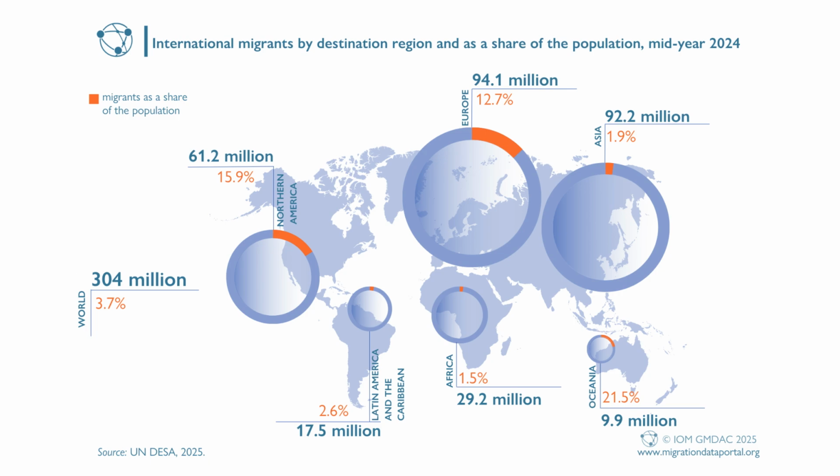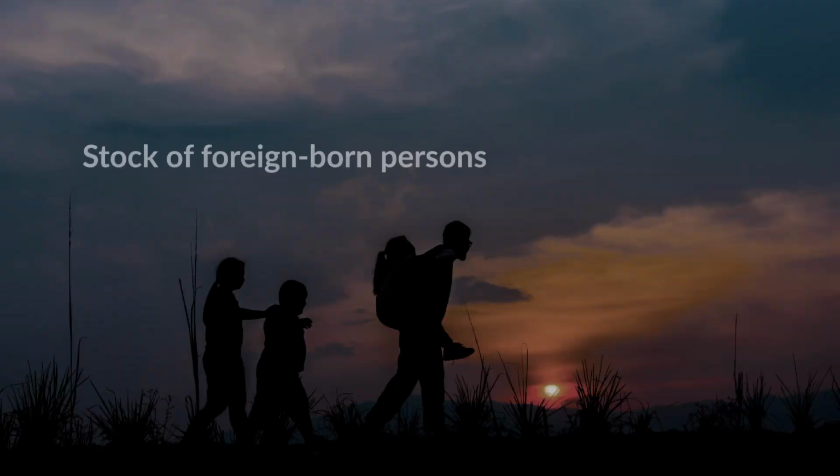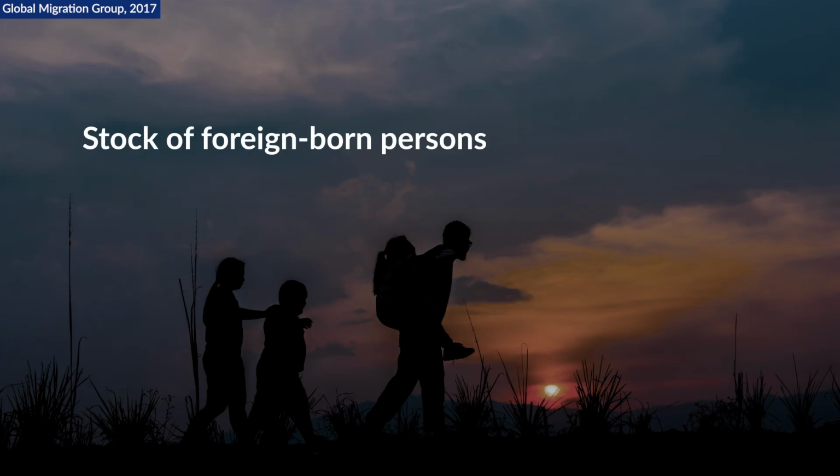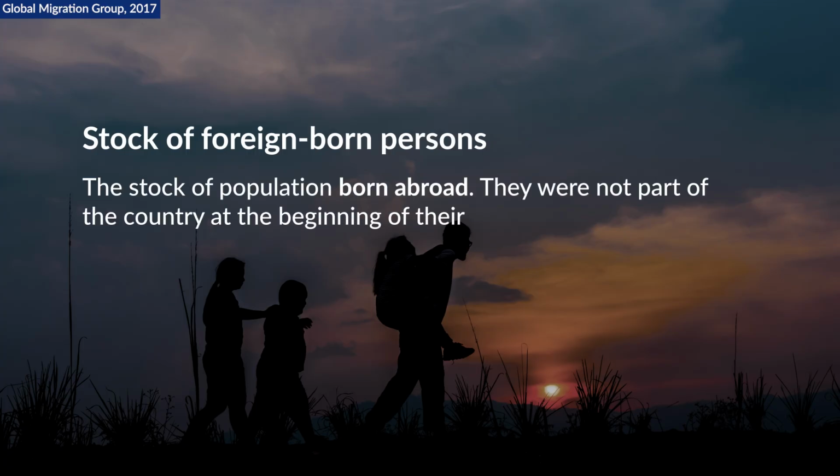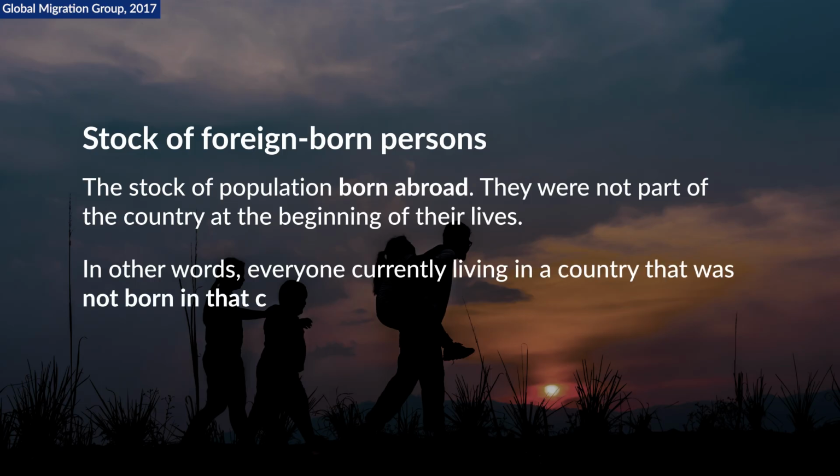Now, sometimes we also have other definitions for statistical purposes or other stock categories. One of these is looking at the stock of foreign-born persons. This is the stock of the population born abroad. They were not part of the country at the beginning of their lives. This would basically measure everyone currently living in a country that was not born in that country. So that is another way that you can define for statistical purposes who a migrant is.